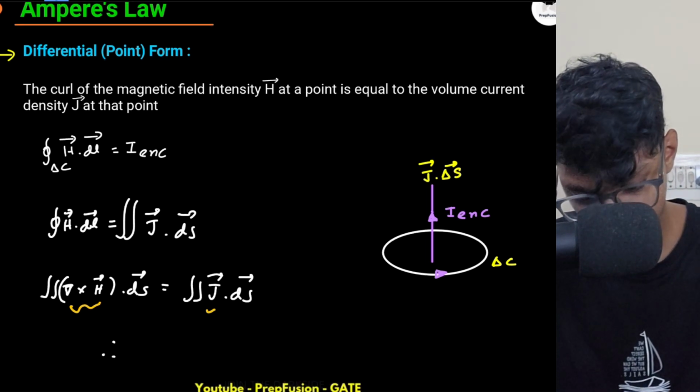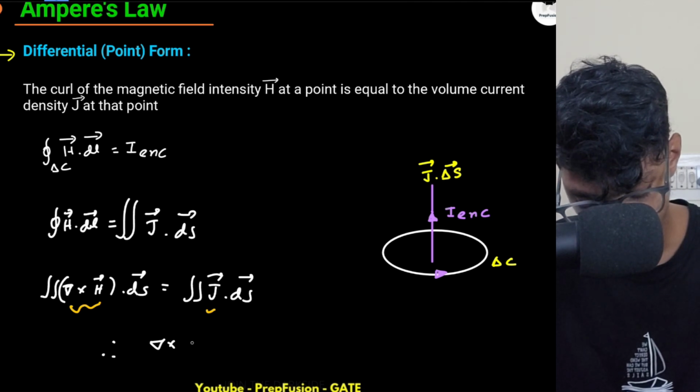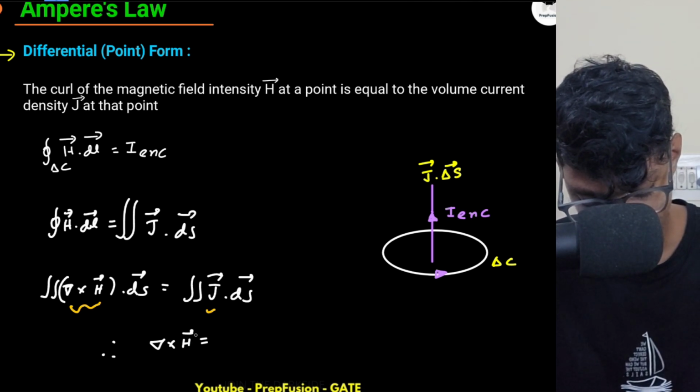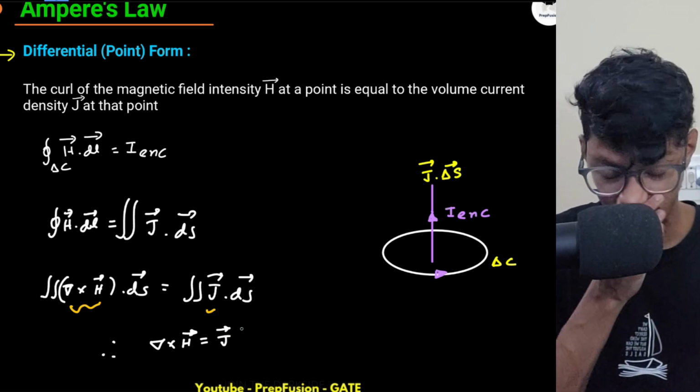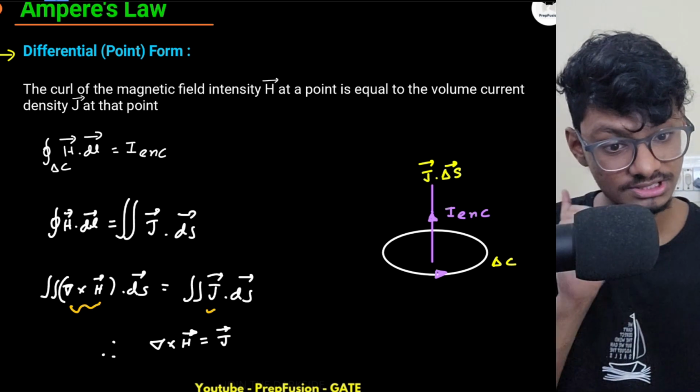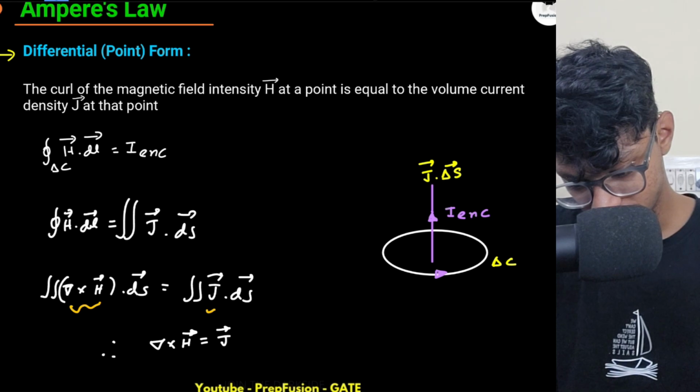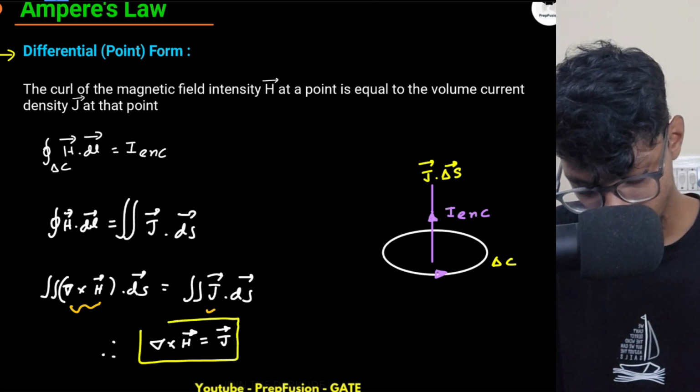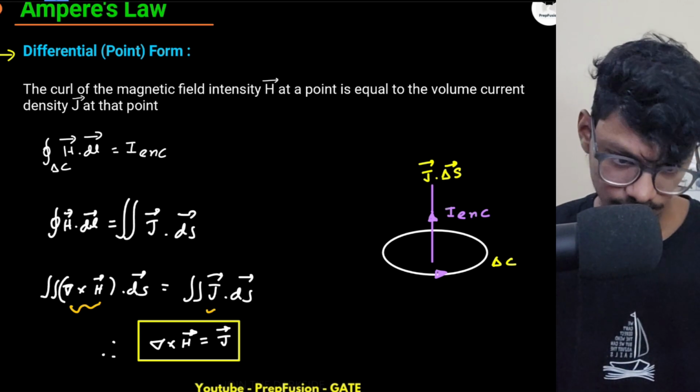Okay, and this will be helpful in the examination as well, that my del cross H is equal to the volume current density J. Okay, this is the volume current density. So you have to remember this, or if you want to derive it, you can derive it as well. I have derived it in front of you, so either way works.